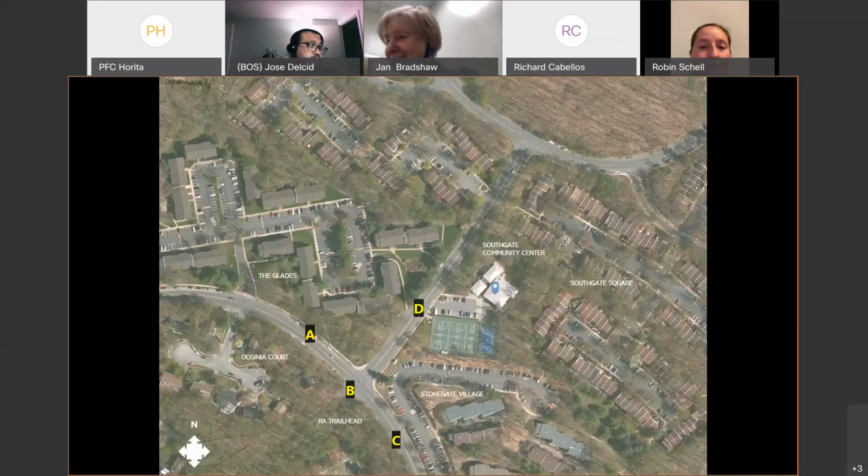The major points that we've discussed previously are labeled A, B, C, and D. Label A is along Glade Drive, and C as well, where we do have parking. There's also parking along D, Pinecrest Road, but some of the areas are marked out for safety reasons, with no parking for line of sight, for pedestrians, and for the bus stop used in front of the Southgate Community Center.